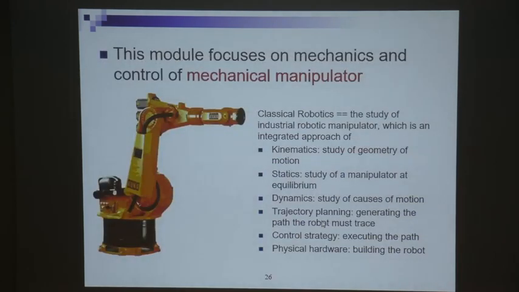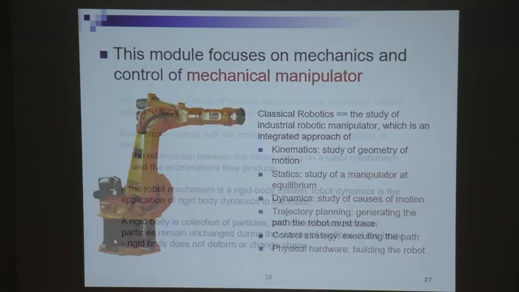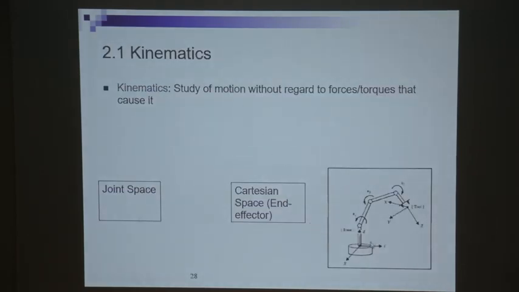Same thing if you look at this picture, there's a base. And then you have a link, and then you have the joints. This circle is the joint, and at the end of this you have the end effector. This end effector will tend to hold on to a particular object, which could be a tool. So the manipulator with the end effector will be holding on to a tool and use it in its operations.